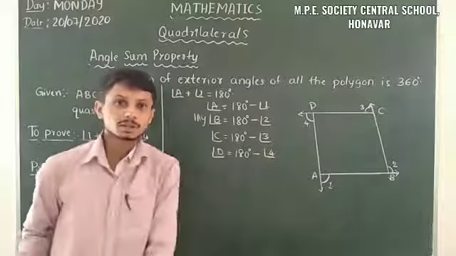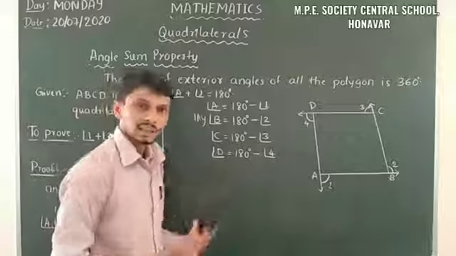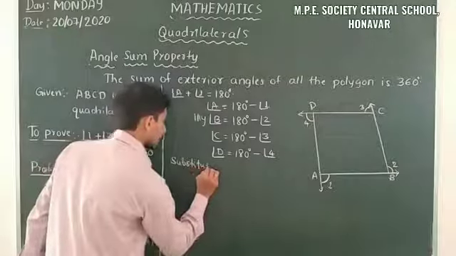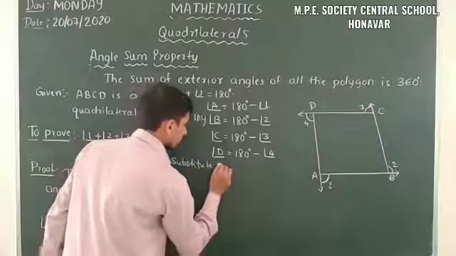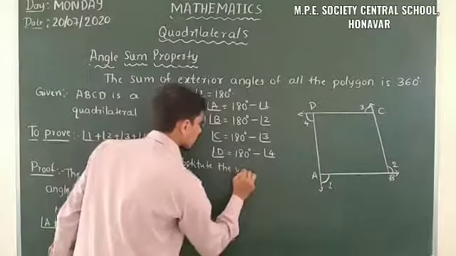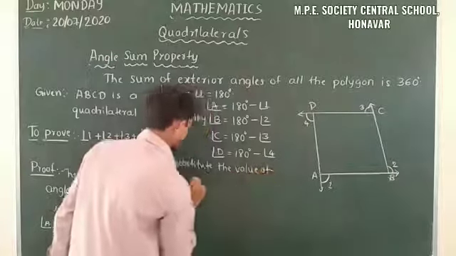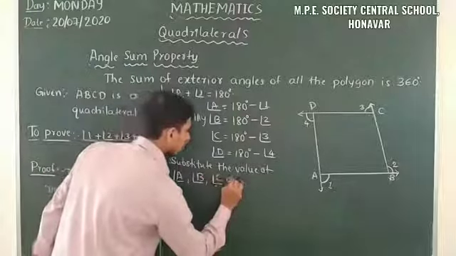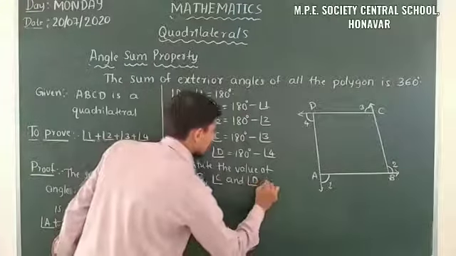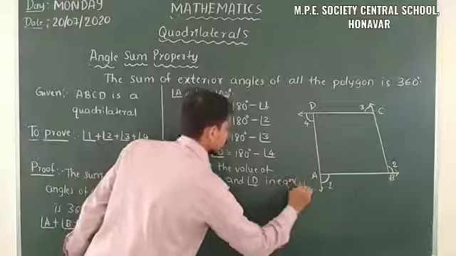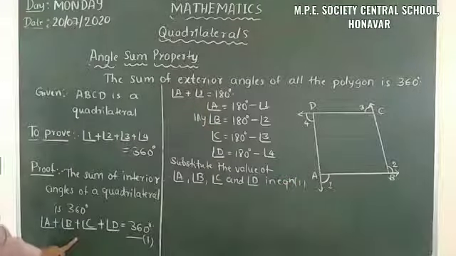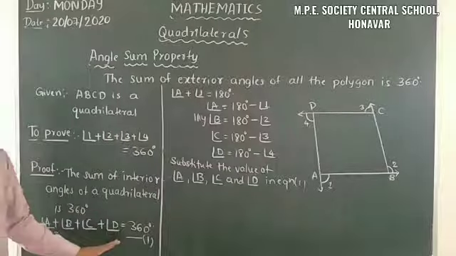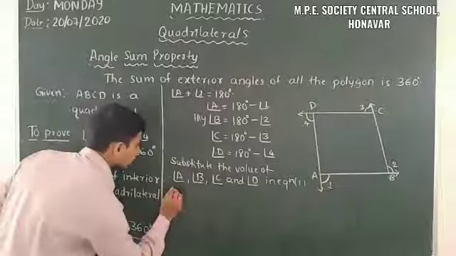After that we have to substitute the values of angle A, angle B, angle C and angle D in equation number 1. So firstly A plus B plus C plus D is equal to 360 degrees. What do we have?